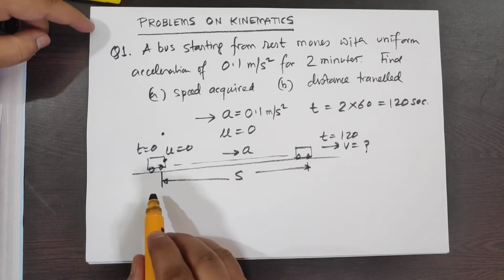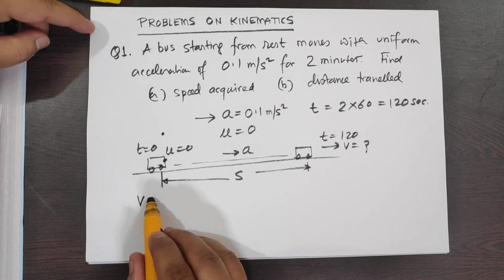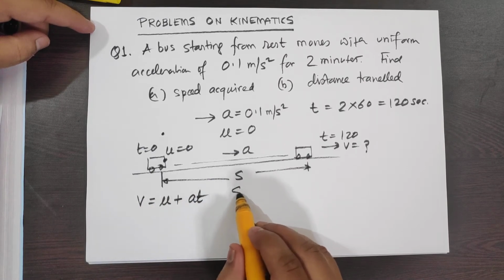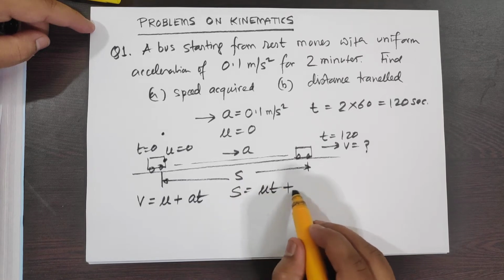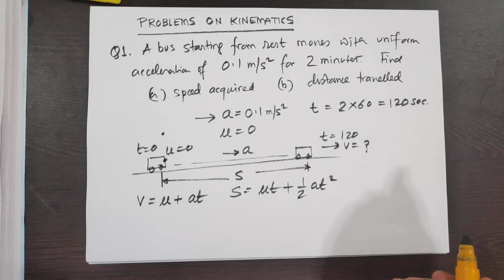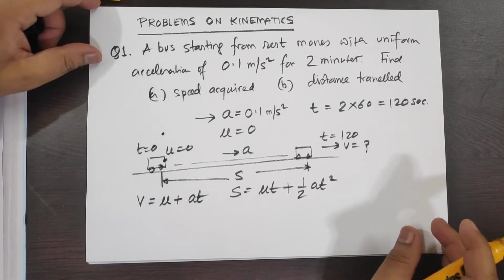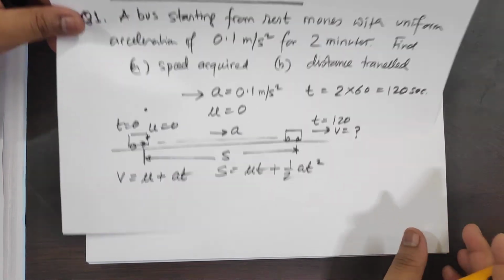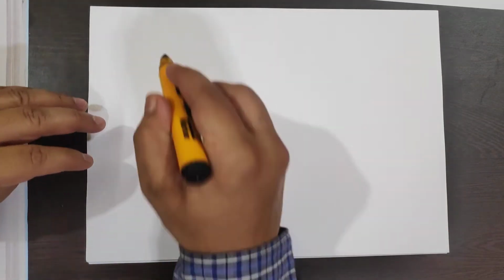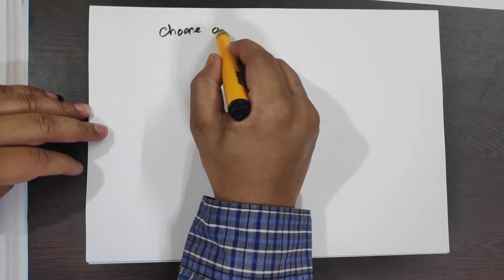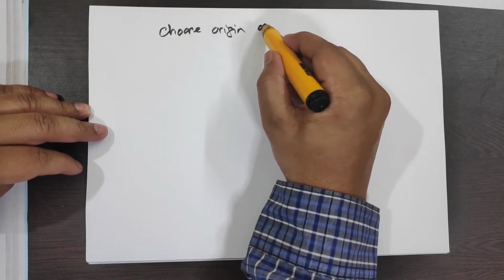Okay, so we have two formulas here we can apply: v equal to u plus at, next s equal to ut plus half at square. Now for solving any problem, the first work is to choose origin and direction.